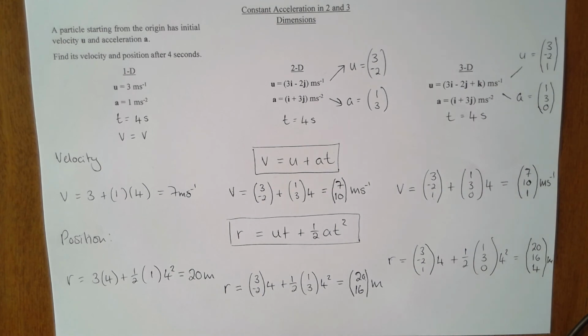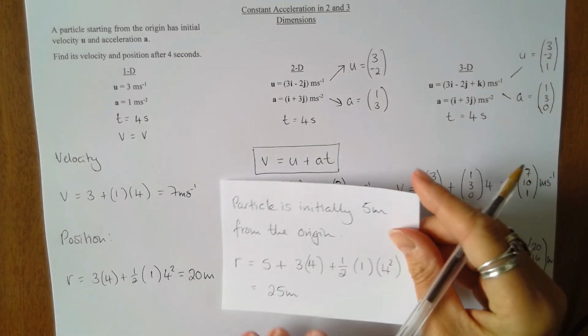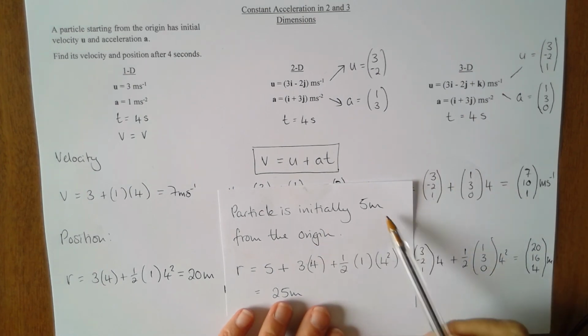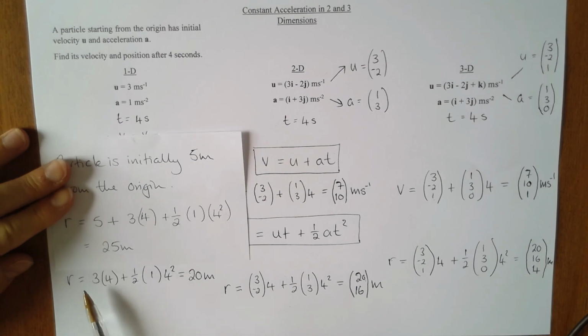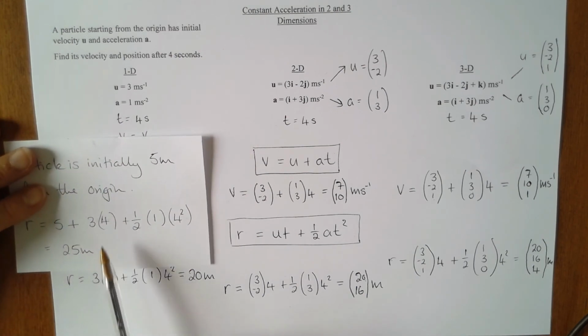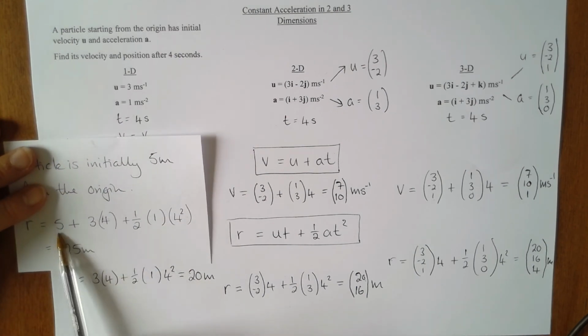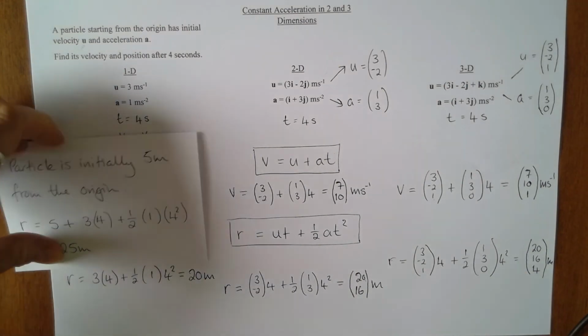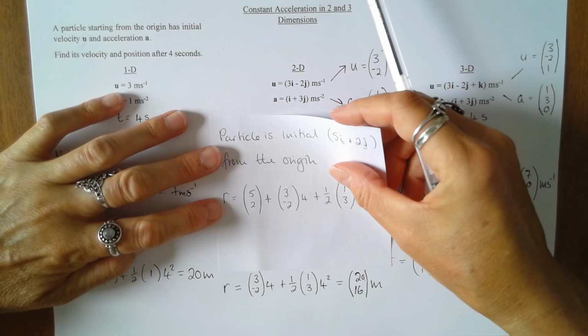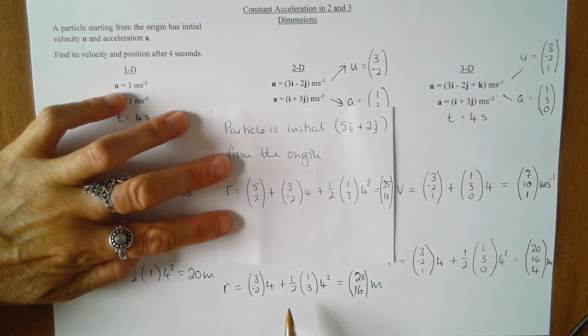Now if the particle, say for the first scenario here, had initially started 5 meters from the origin, the difference between these two formulae is that we would have just had these terms plus an extra 5, and that would have given us 25 instead of 20. If I look at the 2D version, again very similar.